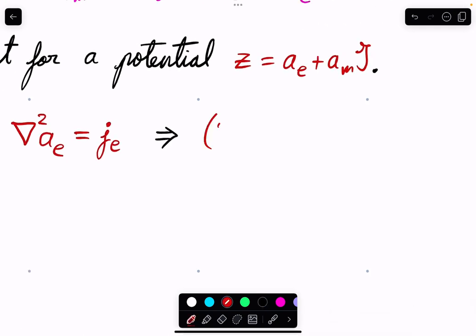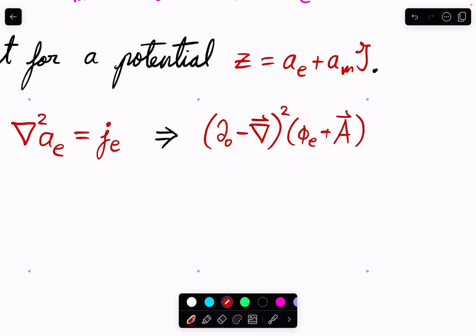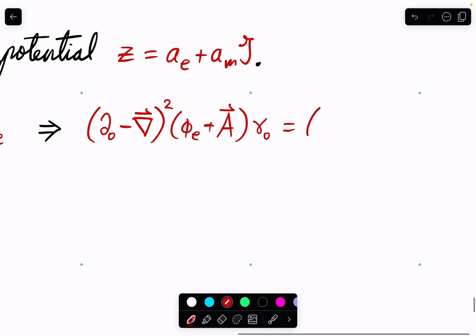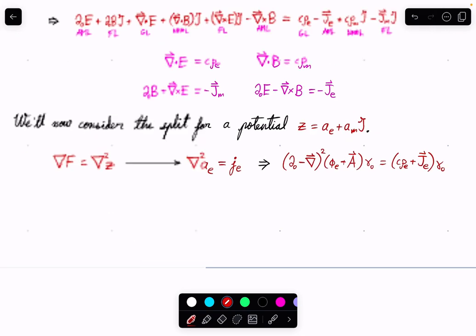When we do a space-time split here, we get the Laplacian of phi e plus a vector gamma naught equal to c rho e plus j e gamma naught.